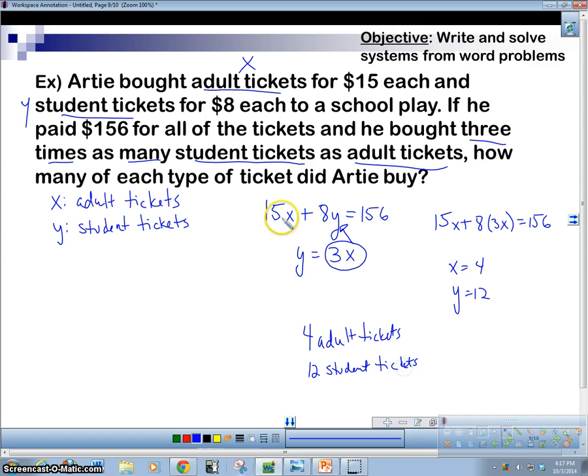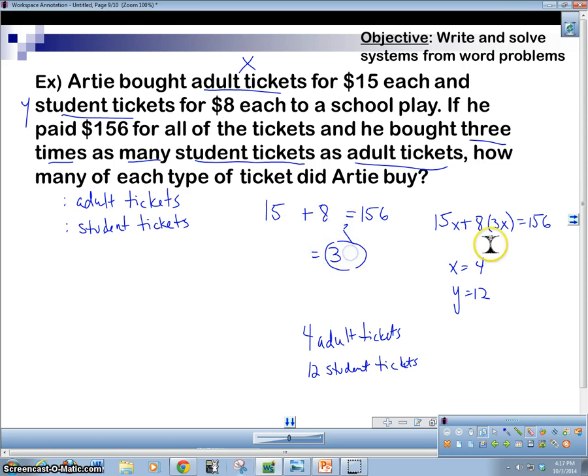You know, what I'd probably do, and this is my stats teacher in me thinking, I would probably not call them X and Y's. I'd probably call them A's and S's, because I want to try to be as contextual as possible.